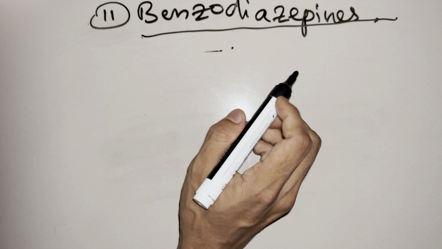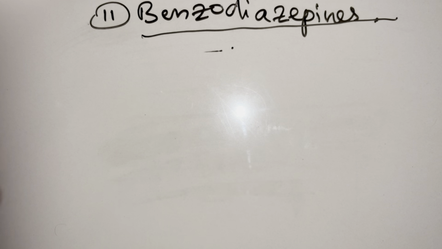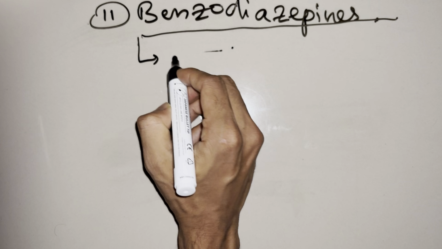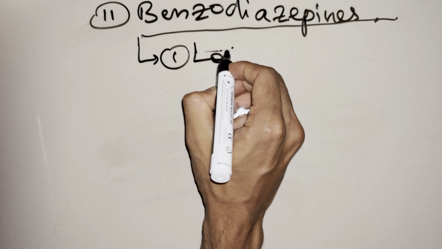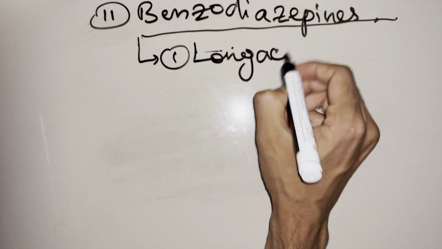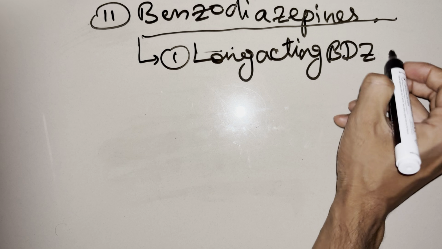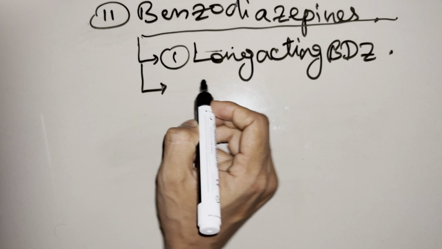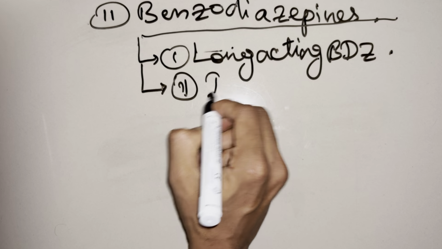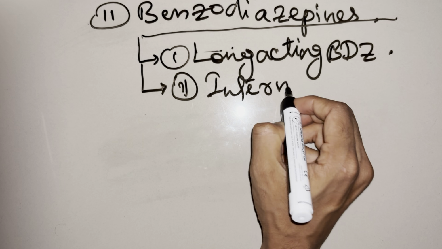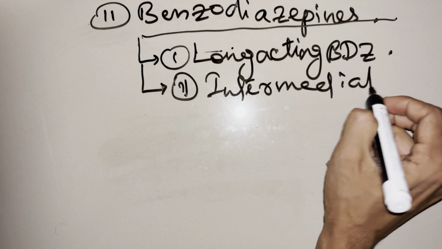So first of all, we will see the different classes. They are mainly four types. Number one is long-acting benzodiazepines, that is BDZ. Number two is intermediate acting.